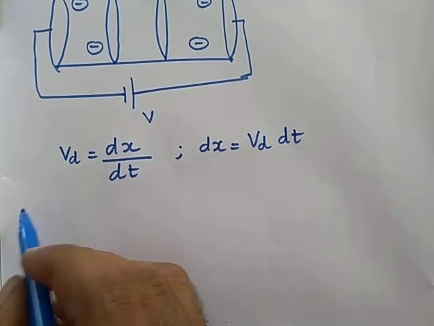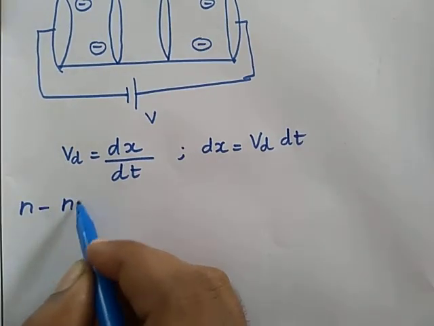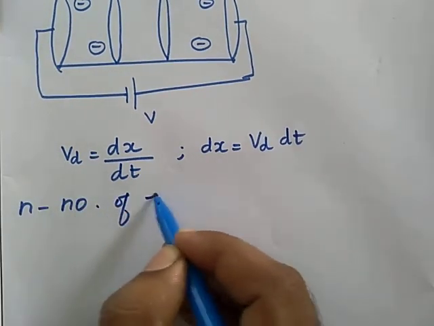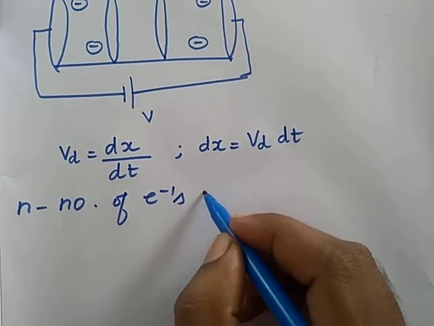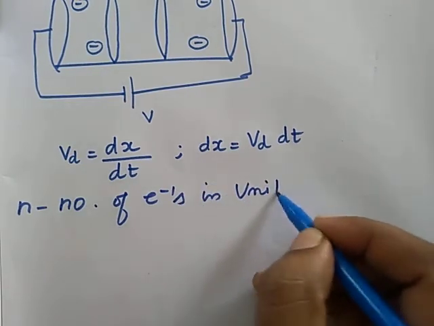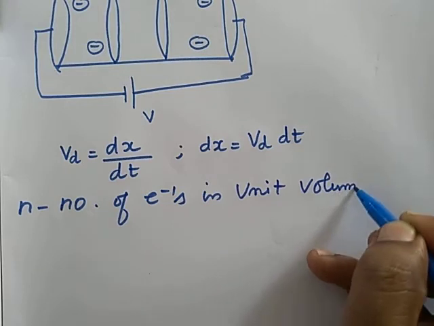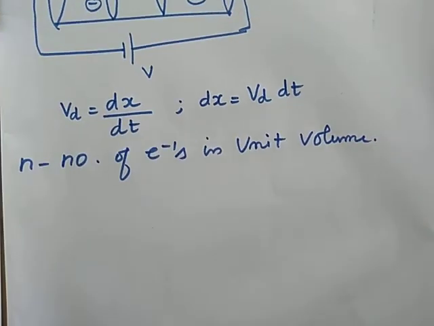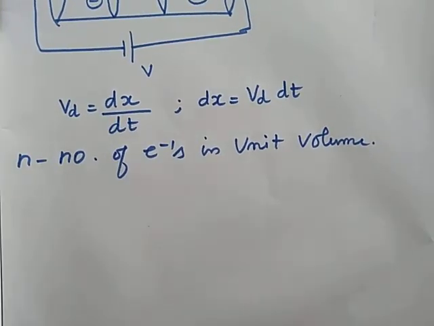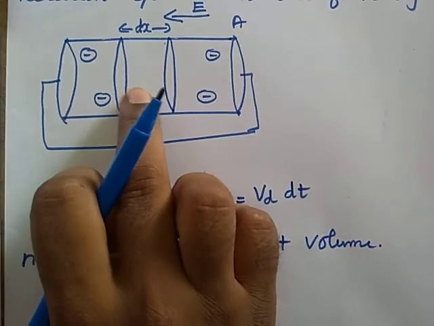Here n be the number of electrons in unit volume. Here we can find the availability of electrons in the volume of length element dx.